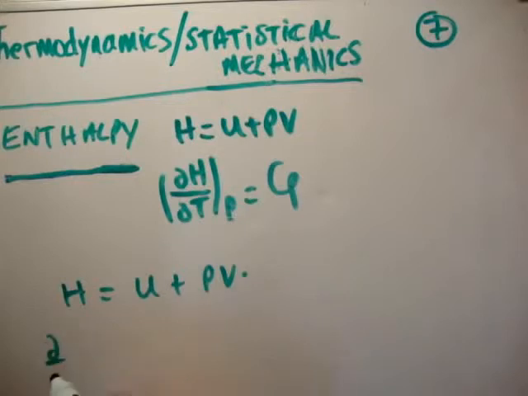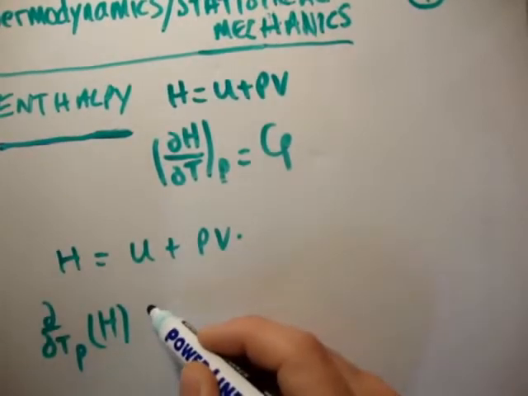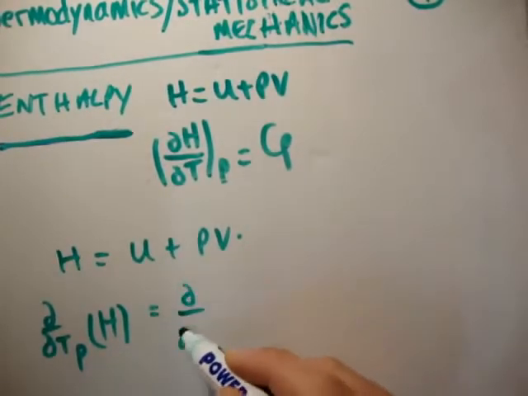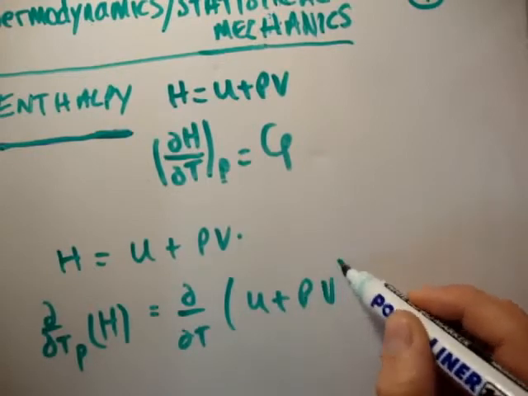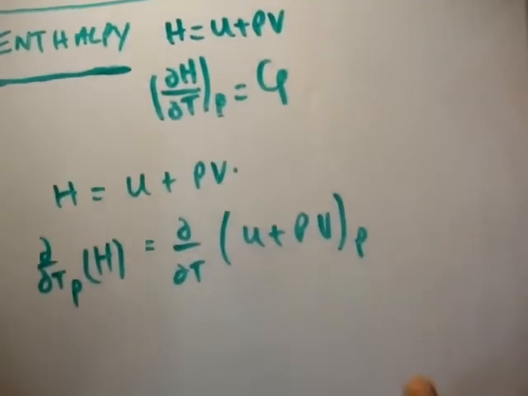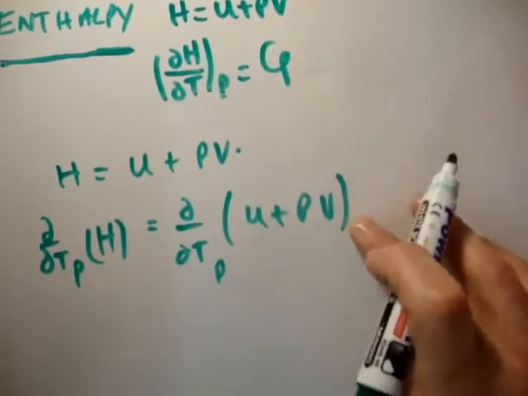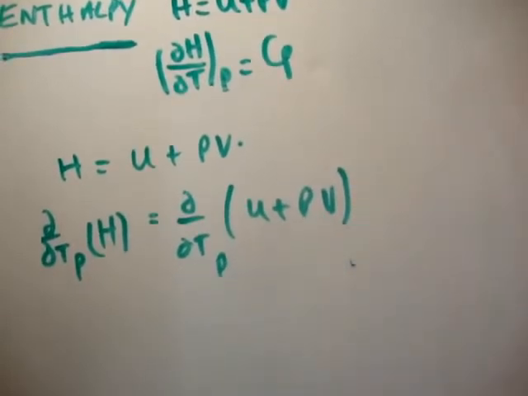So del H del T at constant pressure. Well, that's going to be equal to del T of U plus PV at constant pressure.